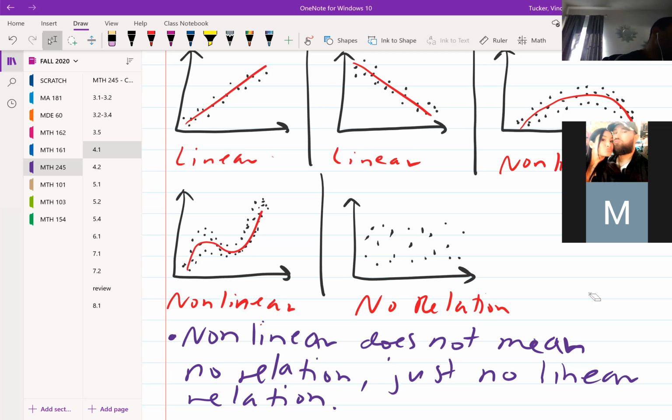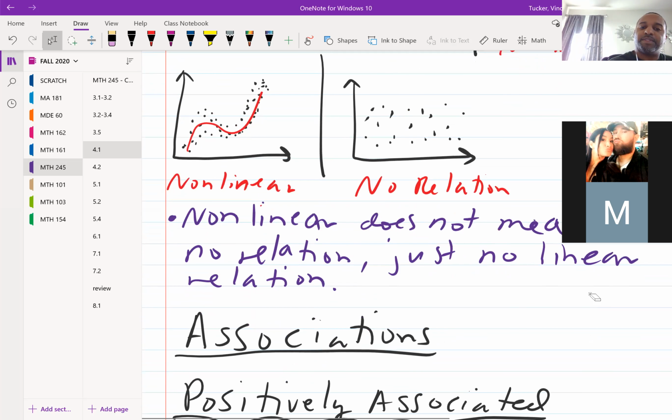I'm good. Yeah. Let's see a little more of the nonlinear.